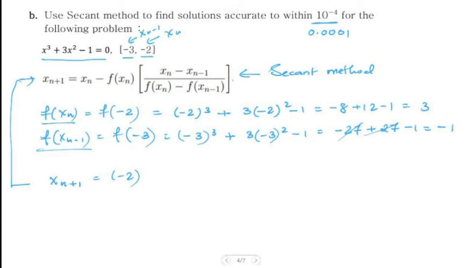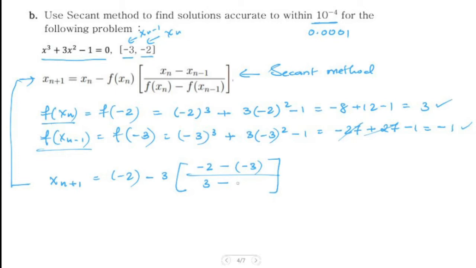And then we have minus f of xn, which we just found was 3, times xn, that's minus 2, minus xn minus 1, which is minus 3. Divided by f of xn, which is 3, minus f of xn minus 1, that's minus 1.